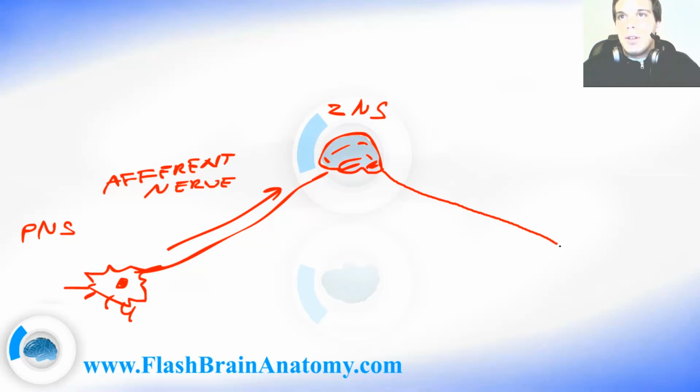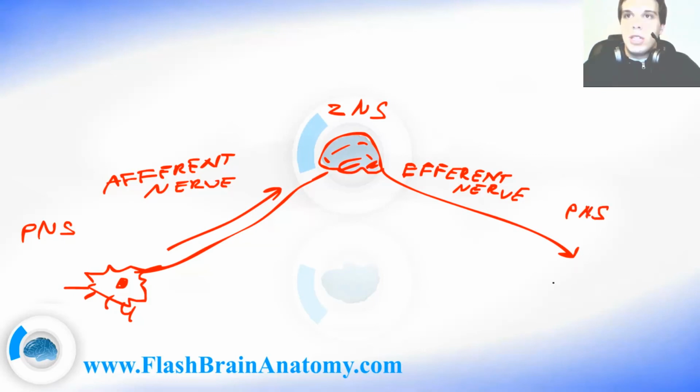So we have another, efferent nerve that transfers the signal again in the peripheral nervous system. Now it can transfer the signal, for example, to the muscle fibers to cause a contraction.